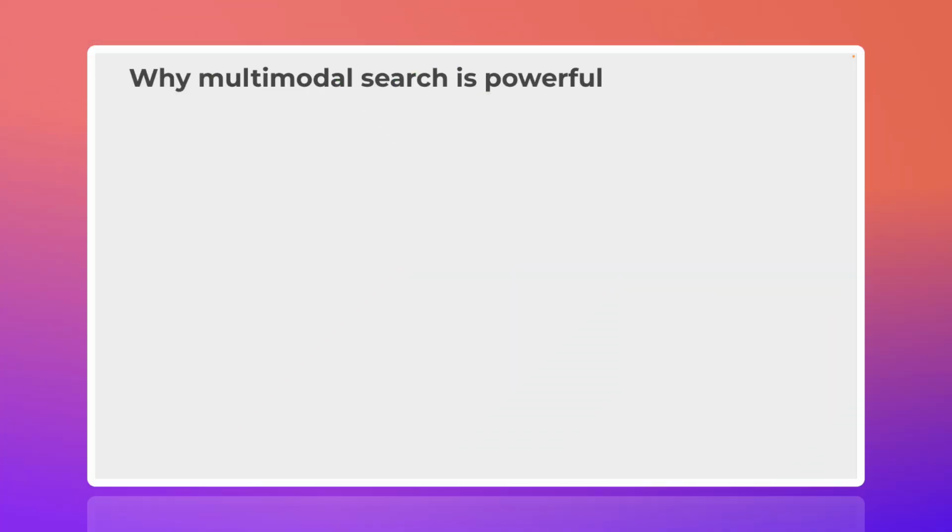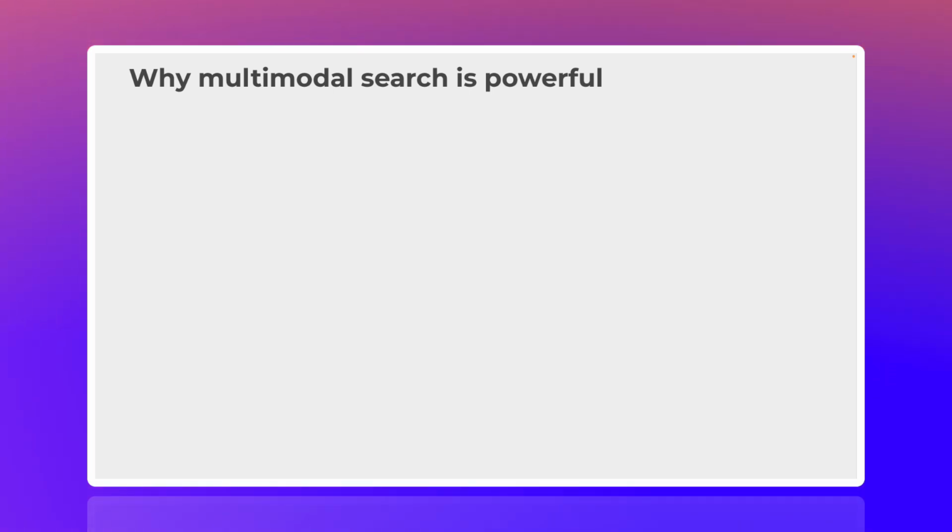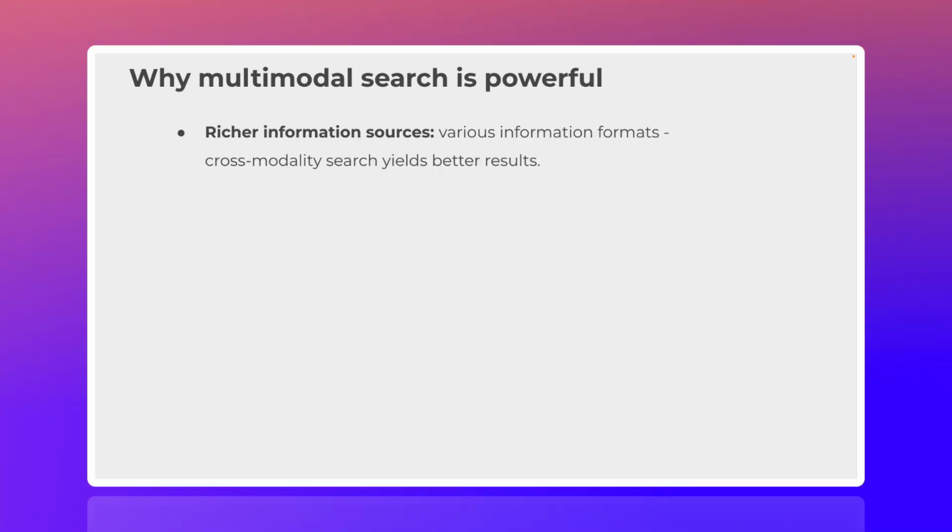Now at this point, you already know why multimodal search is powerful, but I'll just go ahead and put in writing here and show you some diagrams so we really understand what's happening. So the first one is that we have richer information sources. What that means is that, as you know, in the real world, information comes in various formats: text, images, videos, etc. So by searching across multiple modalities, the system can retrieve data that a single modality search would miss.